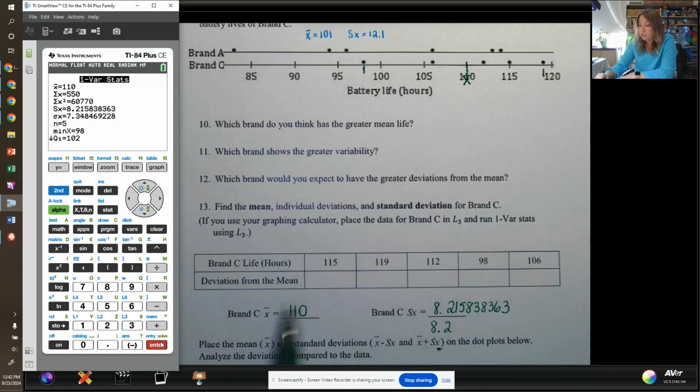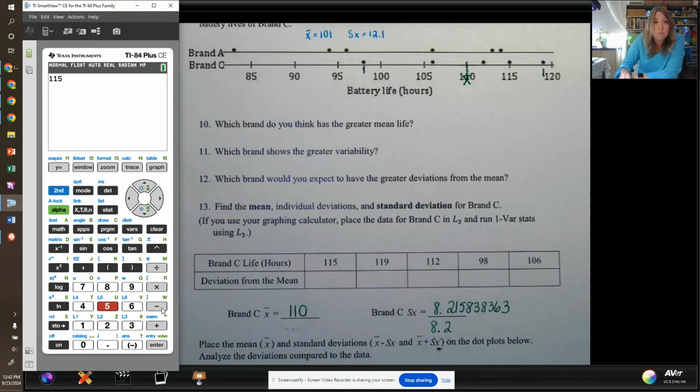We're still going to take this 110 and subtract it from all these data values to see each deviation. So 115 minus 110. Always data value minus mean.